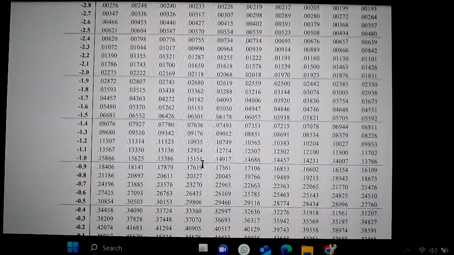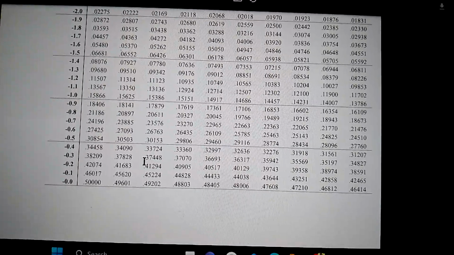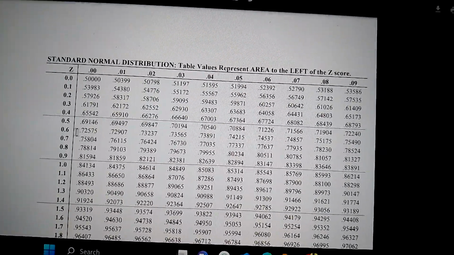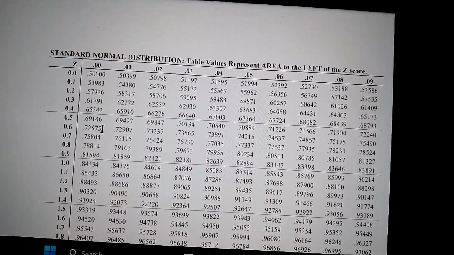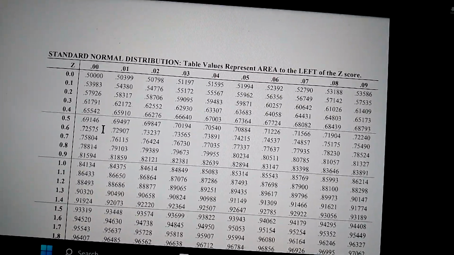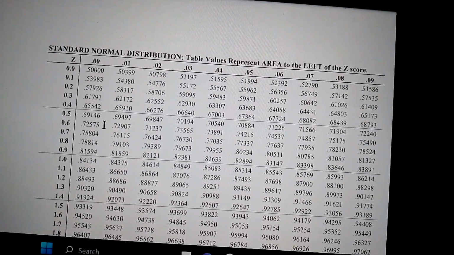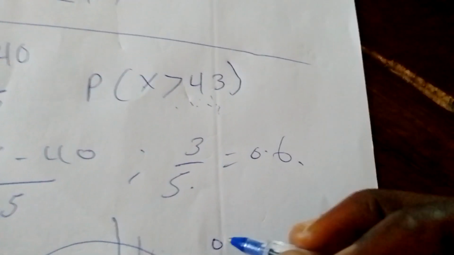Locate 0.6. Here we don't have 0.61, 0.62, so that makes it easier. So you have 0.726.